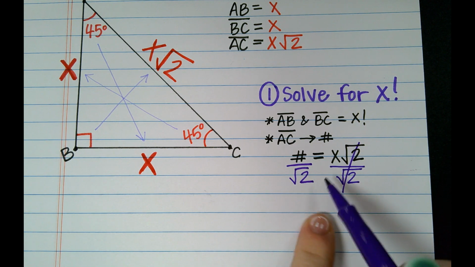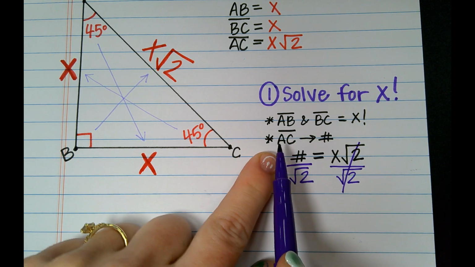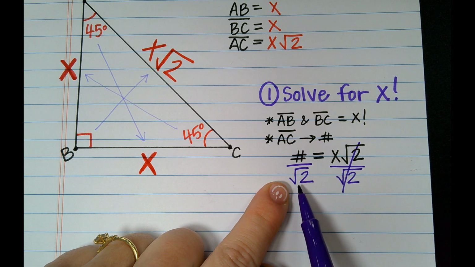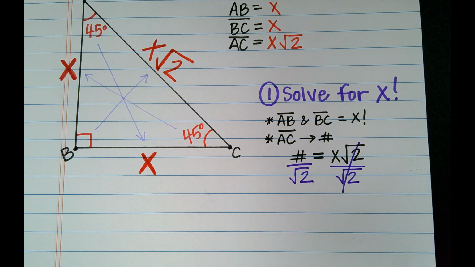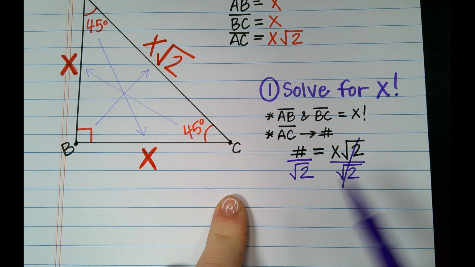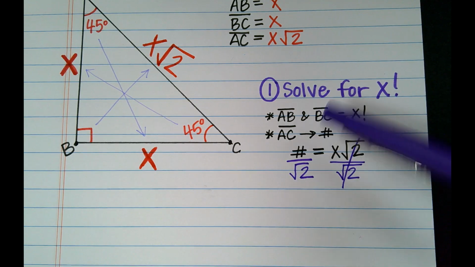So really, you could also look at this as a formula: AC divided by radical 2 equals x. Okay. So solve for x. That's your first thing to do.